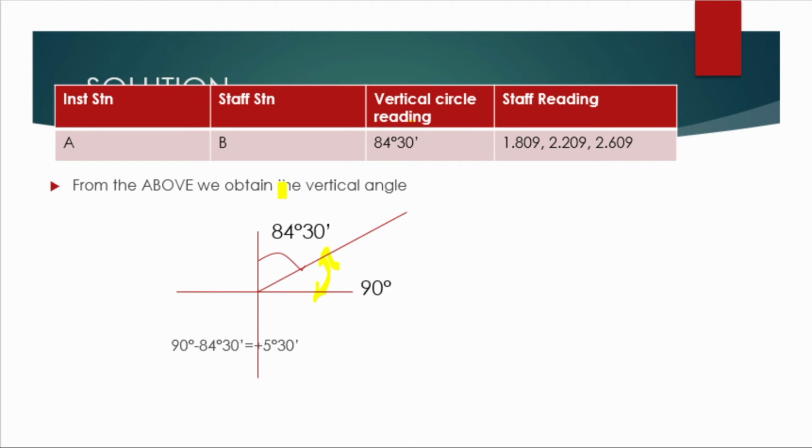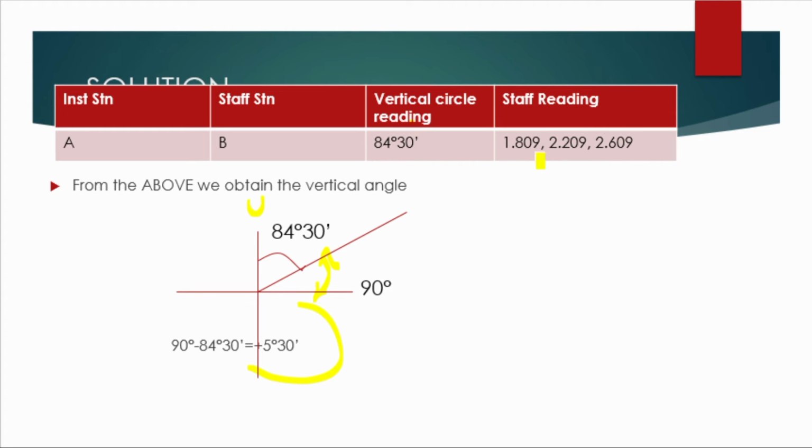The vertical circle readings start from 0 going in a clockwise direction. So 90 minus 84°30′, here we have a positive 5°30′. That is the vertical angle we obtain from the above.